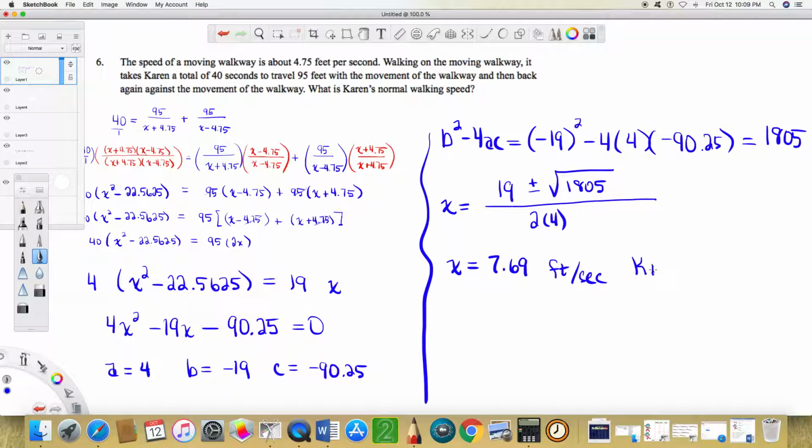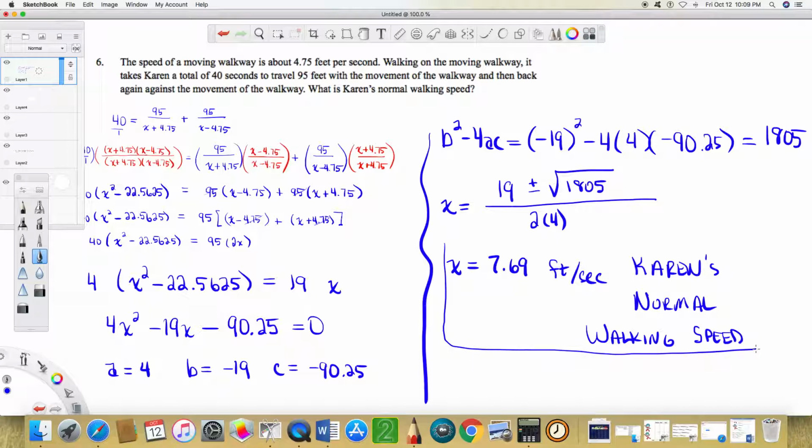So this is Karen's normal walking speed. This is a rare thing in one of these uniform motion problems, that the equation was as difficult as the setup, because the equation was a rational equation.